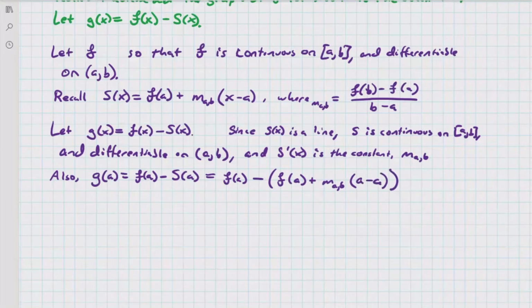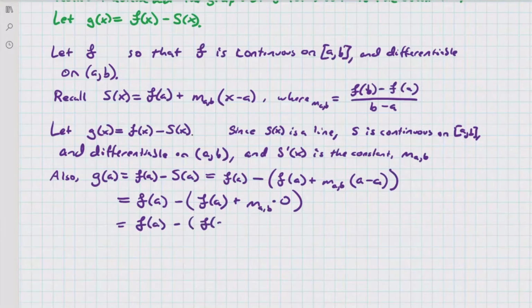If I took a minus a, I'm going to get 0, aren't I? So this is f of a minus the quantity f of a plus MAB times 0. That's f of a minus f of a plus 0. That equals f of a minus f of a, and that equals 0. Okay, how do we feel about that, 1 to 5?